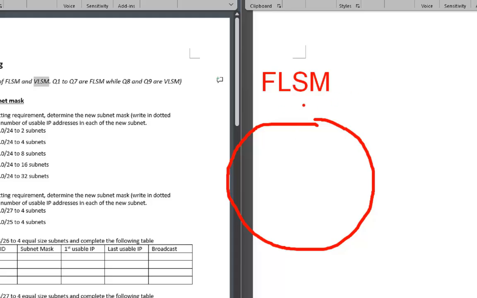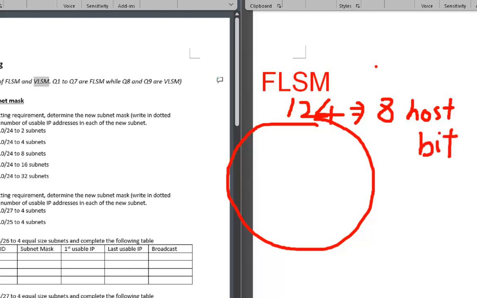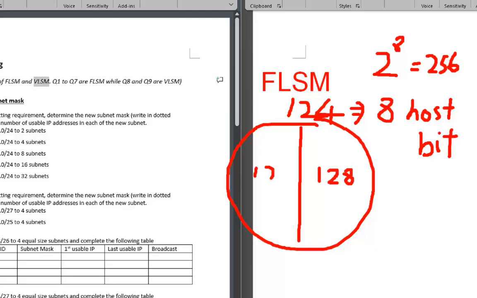For example, let's say you have a /24 subnet mask, which gives you 8 host bits, because the number of 0s equals the number of host bits. Given 8 host bits, 2 to the power of 8, we will have 256 IP addresses. If we need to split this into half, 256 divided by 2, each half will have 128 addresses.